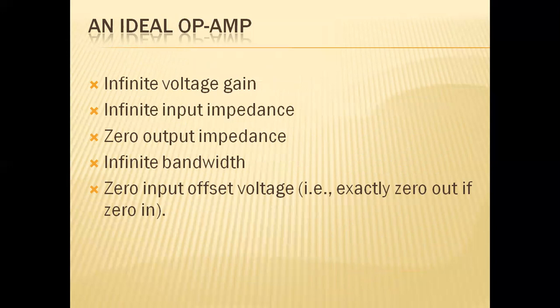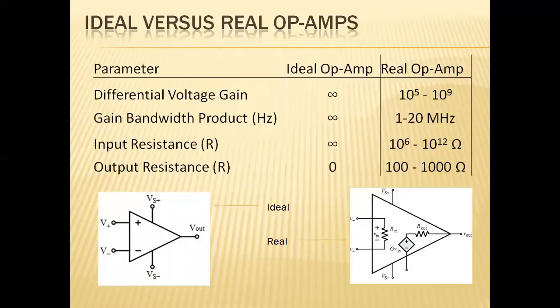There will be infinite voltage gain, that is, the output increases towards the positive power supply or negative power supply based upon the given input; infinite input impedance, zero output impedance, infinite bandwidth, zero input offset voltage. These are some of the characteristics we'll be verifying in detail.